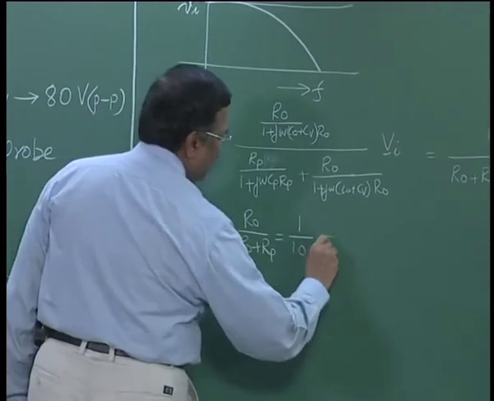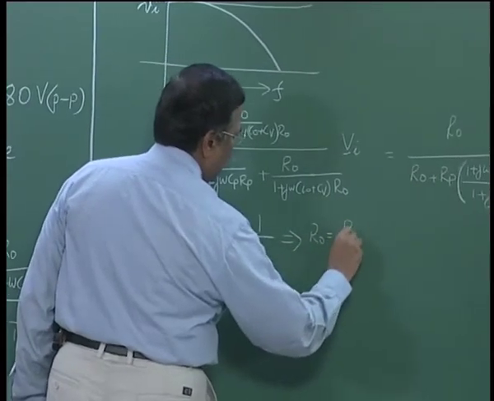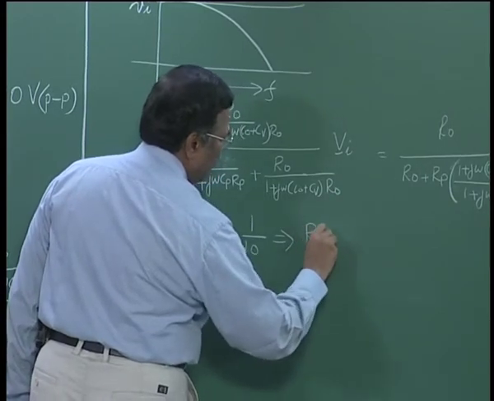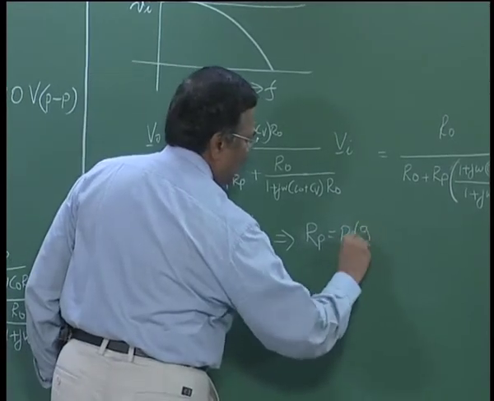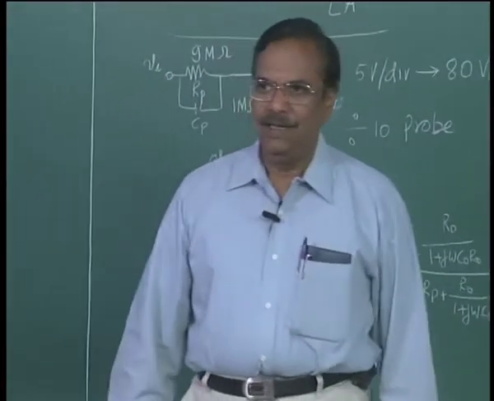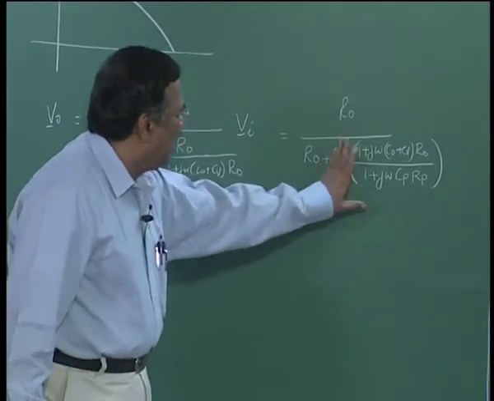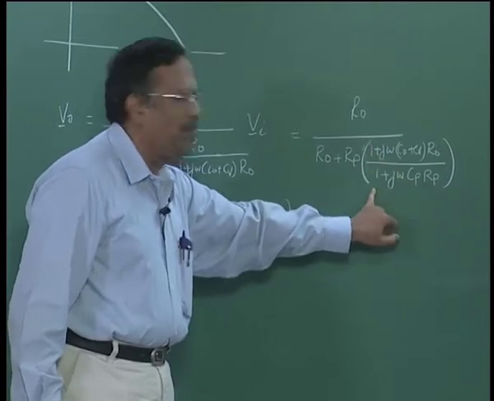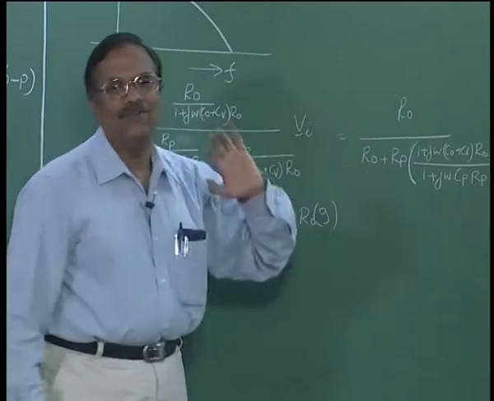This leads to Rp equal to 9 times R naught, because R naught is constant, the 1 mega ohm, and we are going to put the probe resistance. So, if I put Rp as 9 times R naught at DC, this omega will be 0, so I will get 1 by 1. I will get R naught by R naught plus Rp, and I will get 1/10.